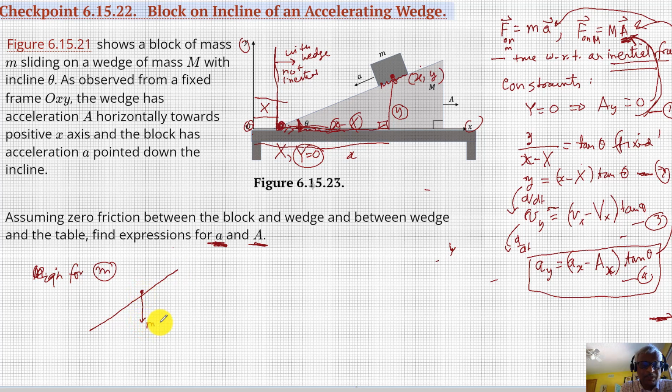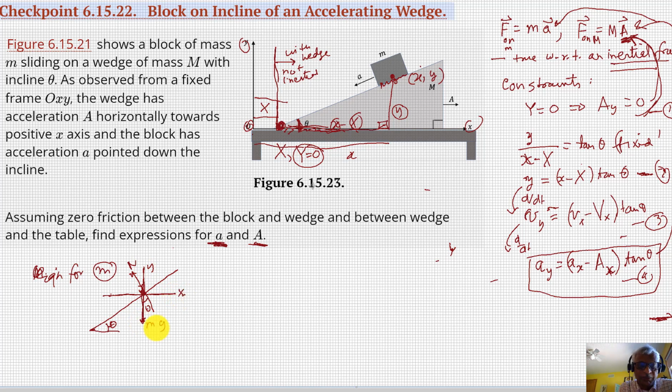Little mg, and this angle is theta, and from the wedge at 90 degrees comes in the normal. These are only two forces. The axis here, this way is x and this way is y. So this direction, this theta, then that angle is theta, and we need to get the x component and y component with respect to this.